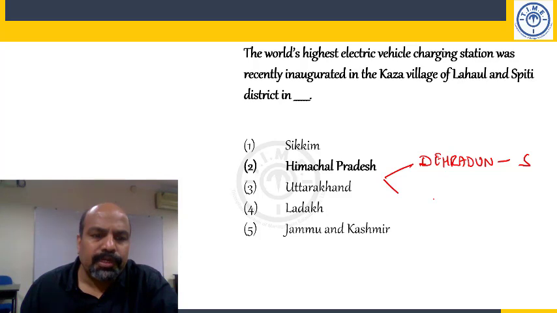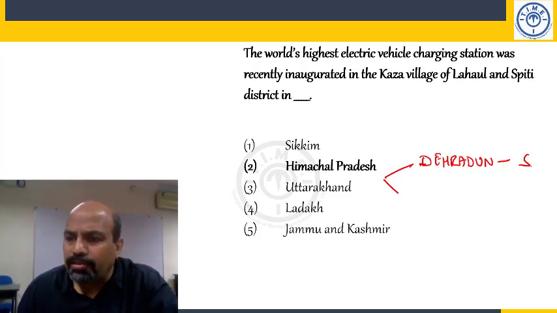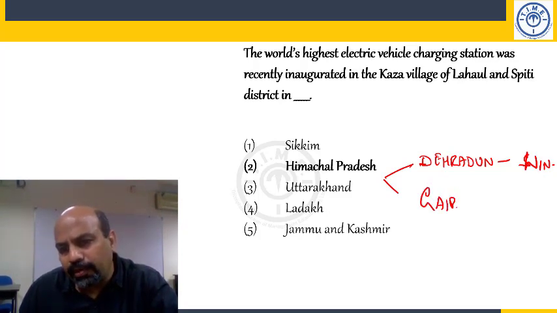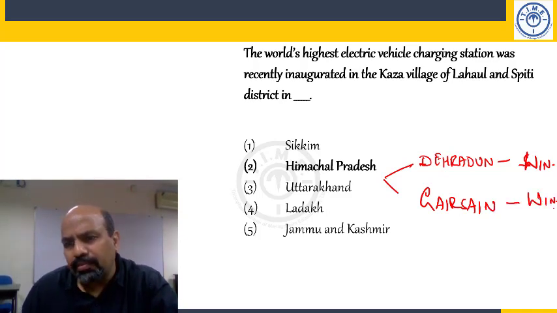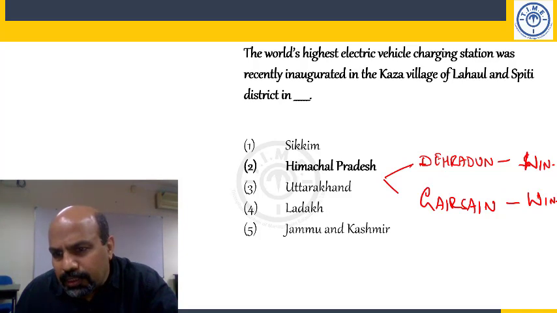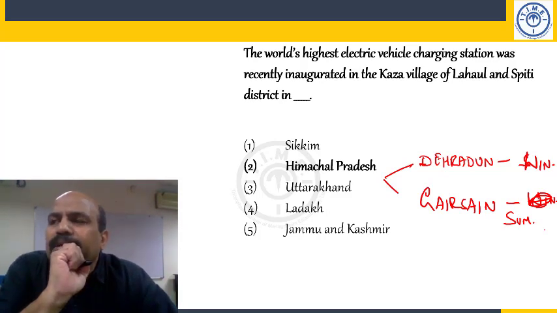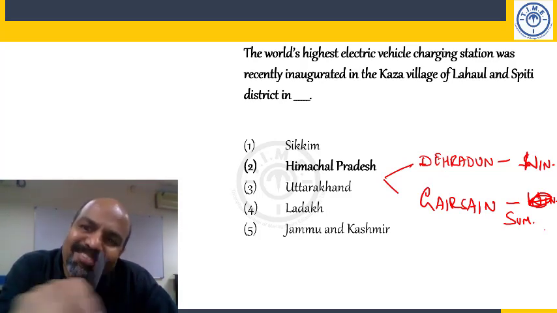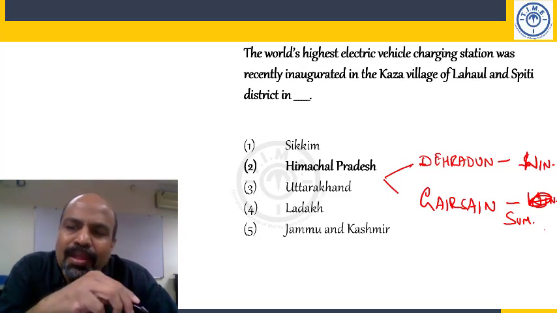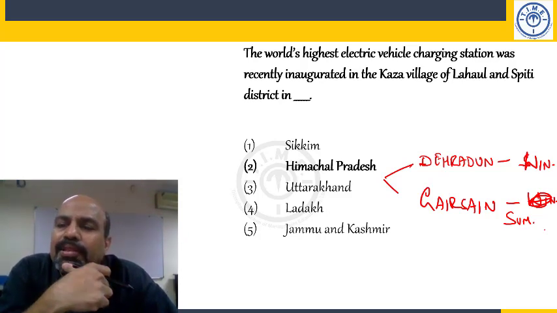Dehradun is the winter capital, if I'm not wrong. I don't know why they named it that way. And Gairsain, the other one, is the summer capital. I'm still a little stuck here because I believe it's the other way around. But I have read this classification somewhere: Gairsain is the summer capital and Dehradun is the winter capital. Okay, guys.